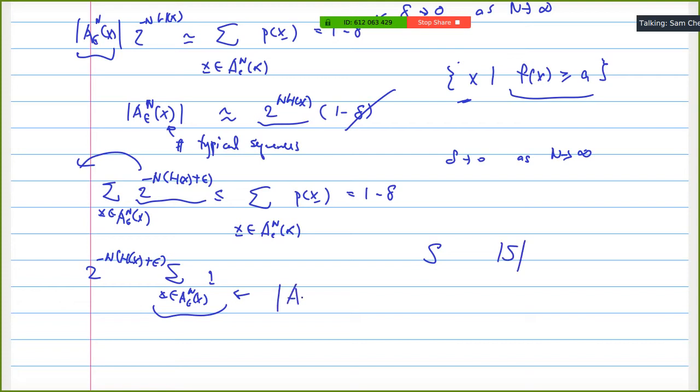So this is equal to 1, that's less than or equal to 1 minus delta. And therefore the size of the set is less than or equal to 2 to the n(H(X) plus epsilon).